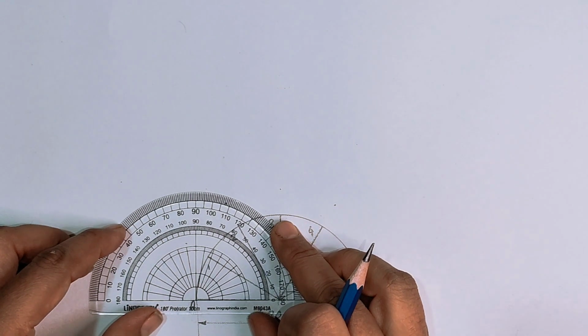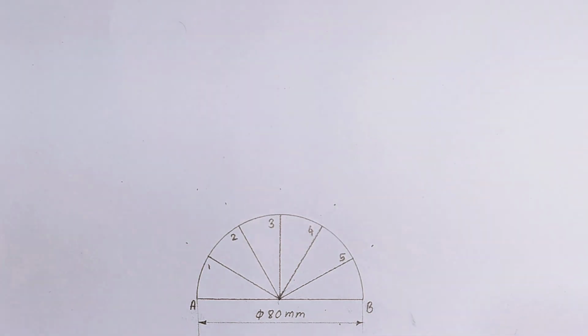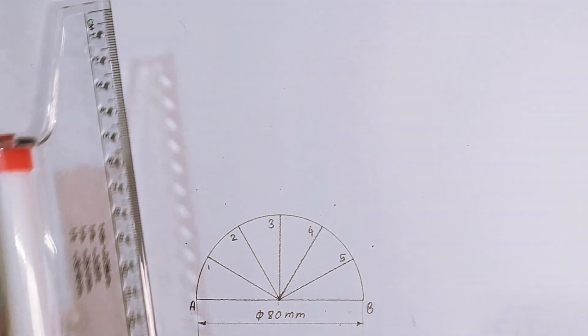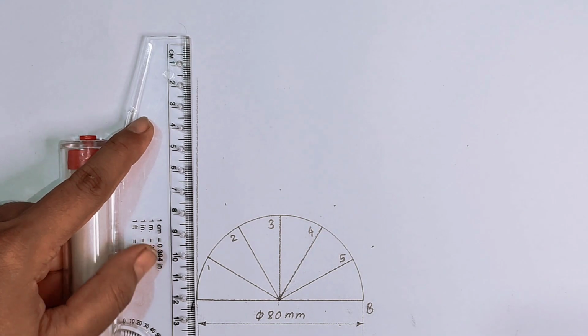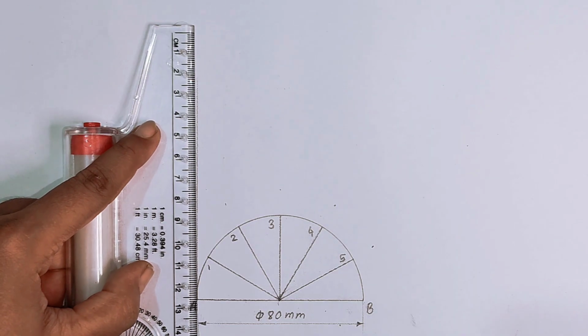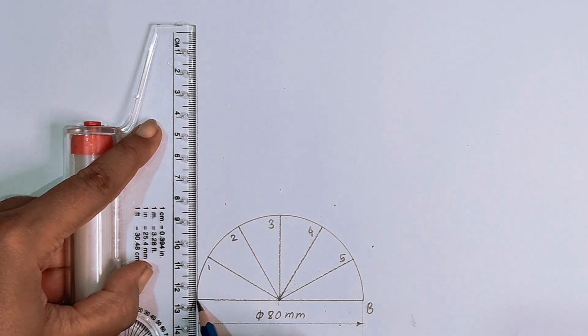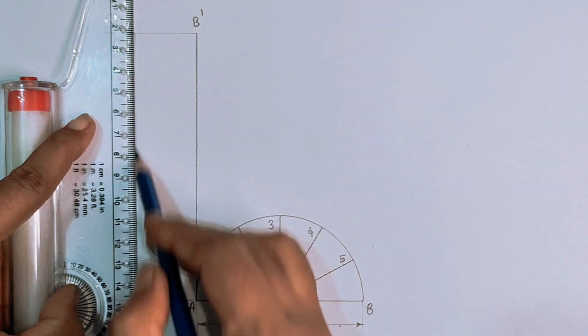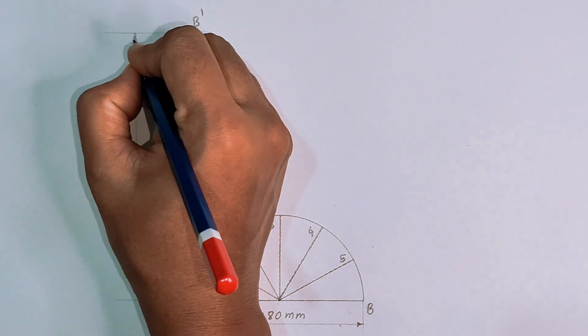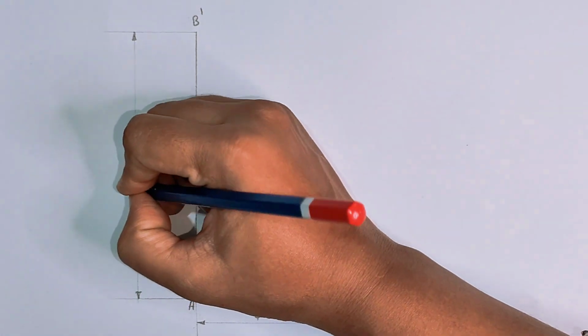The next step, draw a vertical tangent line, that is AB dash, having a length of pi R, where R is the radius of the semicircle, that is pi into 40, equal to 125.6 mm, and divide this length into 6 equal parts and name those points as 1 dash, 2 dash up to 6 dash.